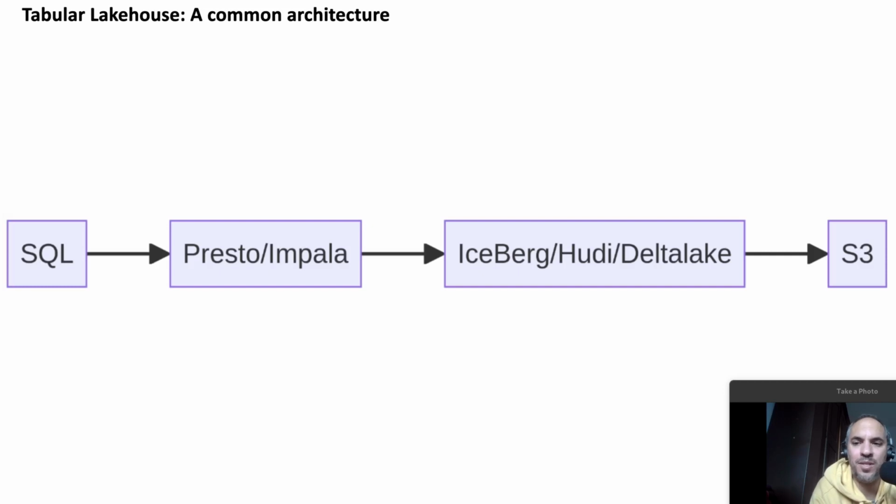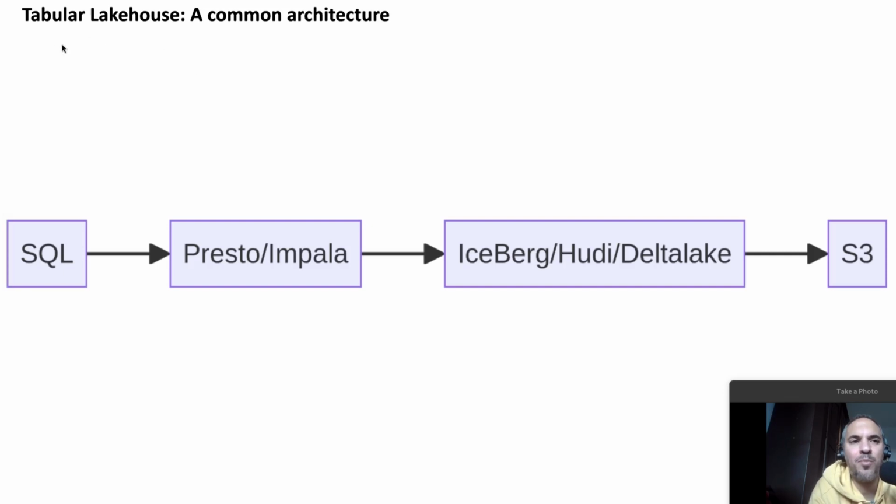In the early days, it was cheap HDFS storage from the Hadoop ecosystem. And then you have the data warehouse, which actually allows you to write SQL queries against your data. And if you just merge those two things, you will get a lakehouse.